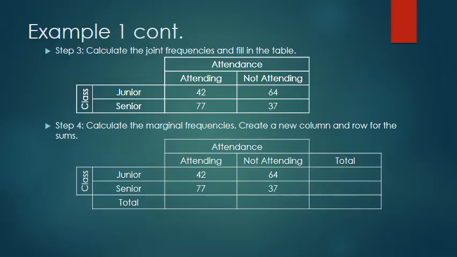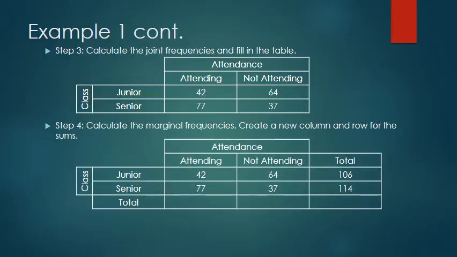And then we just go ahead and in each of these we calculate the totals. I need to know the total number attending, the total number not attending, the total number of juniors, and the total number of seniors. And I can get these by adding the entries in the corresponding row or column.